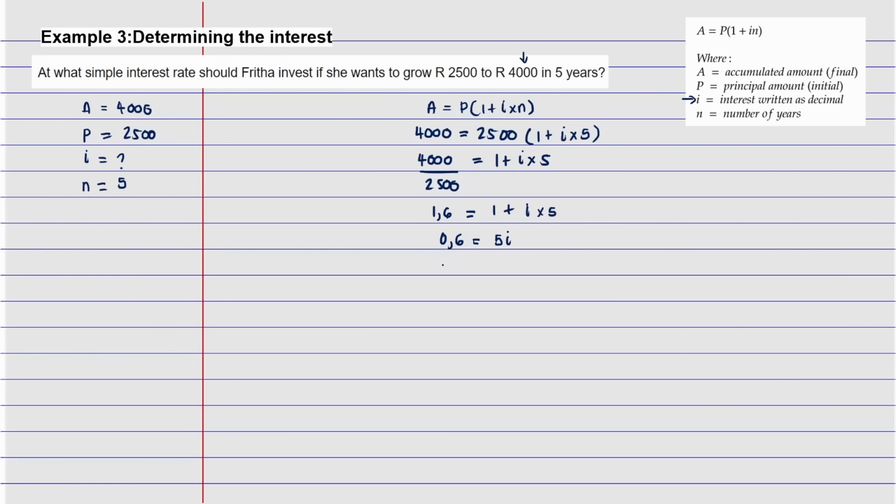So we get 0.12 equals I. After doing that, I'm just going to change this into a percentage. So it's going to be 0.12 multiplied by 100, which equals I. So therefore, I is equal to 12%. So our answer here will be 12%.